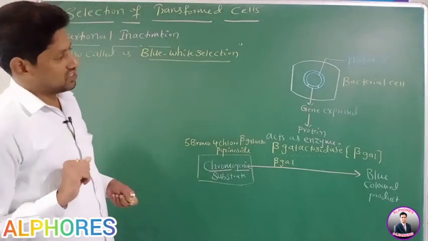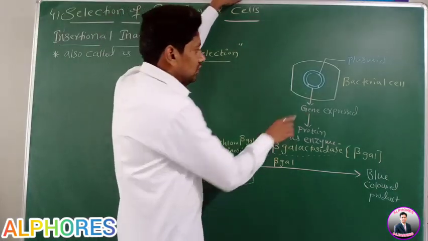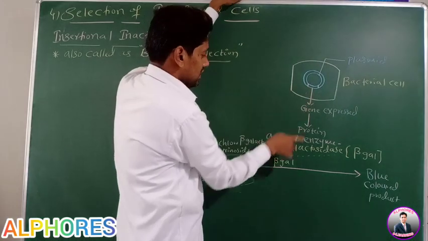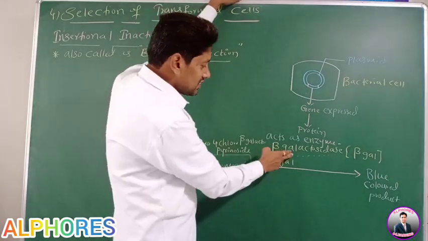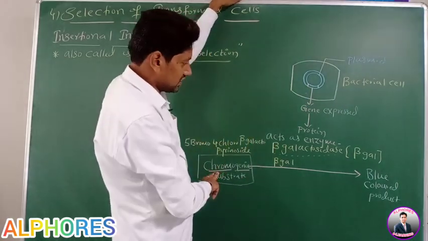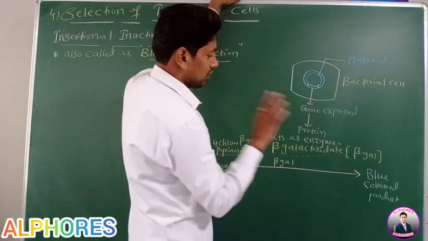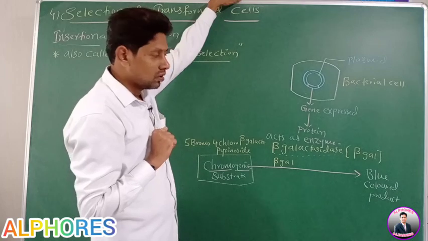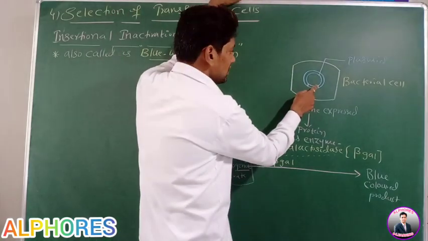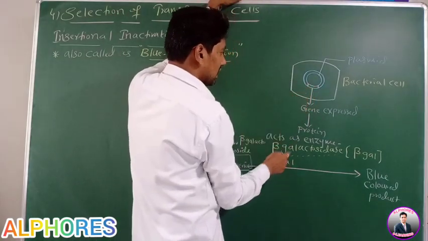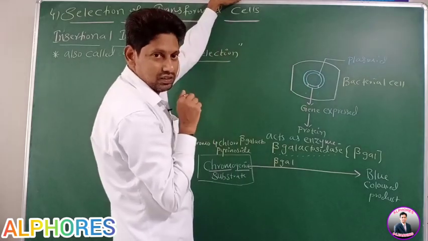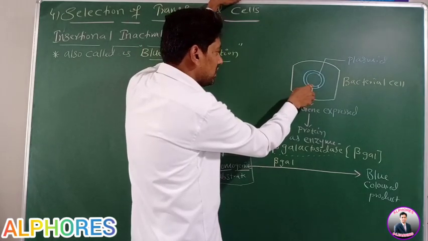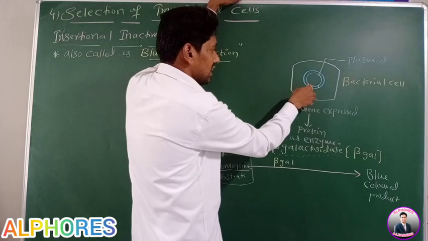Now listen to the statements carefully. This gene produces which enzyme? Beta galactosidase enzyme. When this enzyme is present, chromogenic substrate is converted into blue colored product. Yes or no? Now, this is the gene which produces beta galactosidase enzyme.